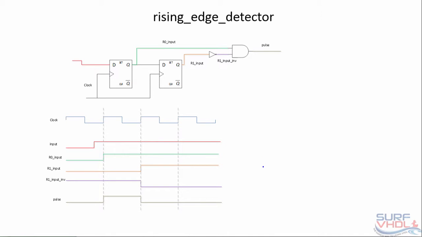Let's understand the rising edge detector. We need a pulse of 1 clock cycle in order to increment or decrement the counter. In this case, this is the wire connected to the button, and the button behavior is this one.